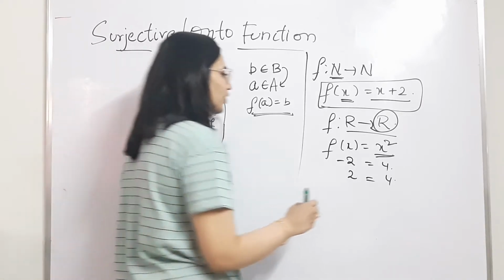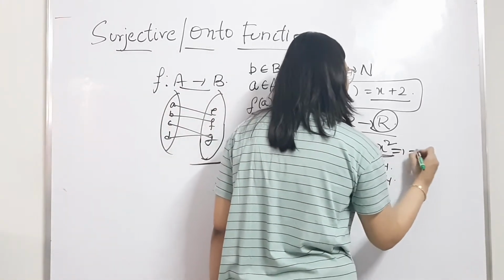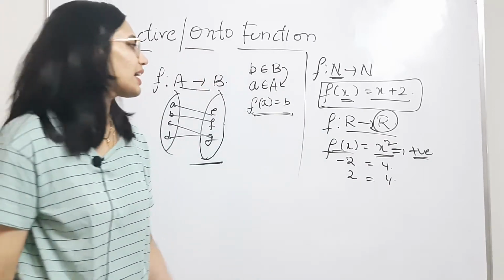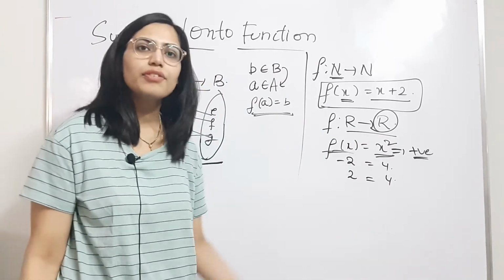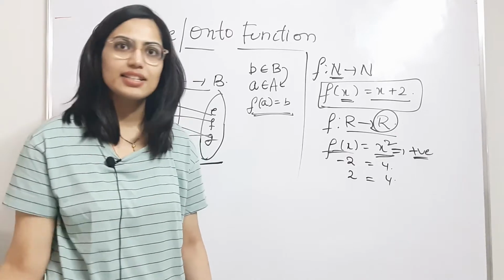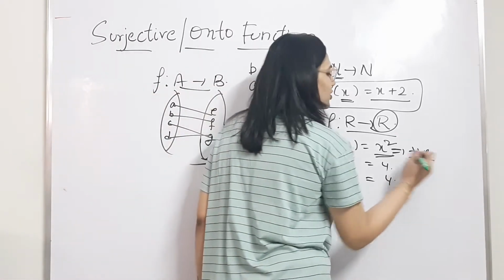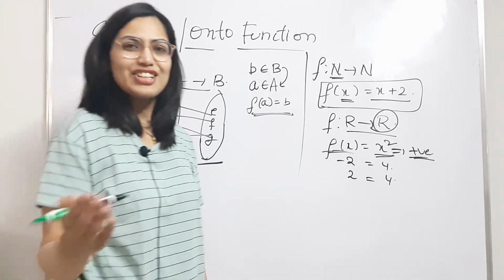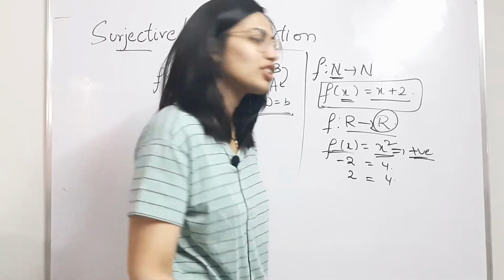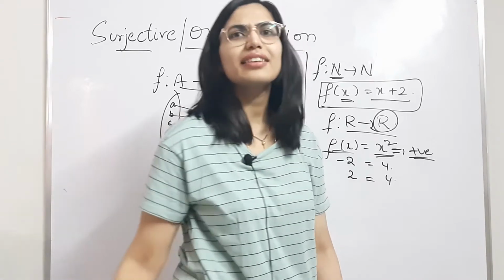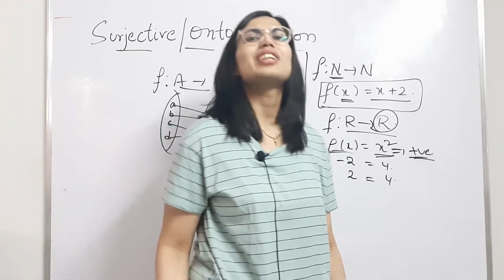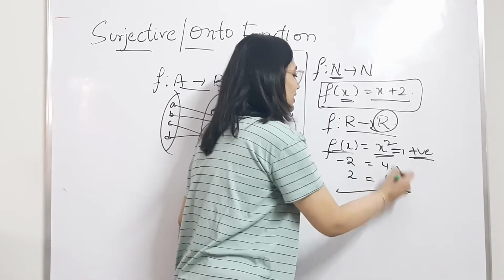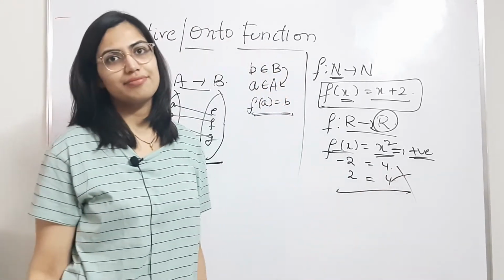But we always get positive numbers. The square of a number is always positive, isn't it? So the output is always positive, but we left out the negative values. That means the range that you are getting is not covering the codomain of real numbers. It's only covering a part of the codomain. That is the reason why this is not a surjective.